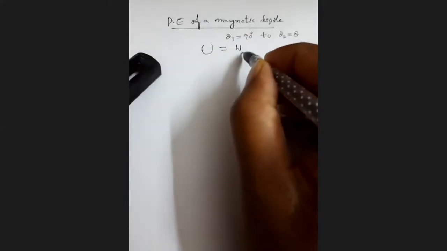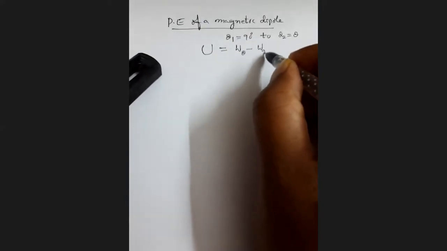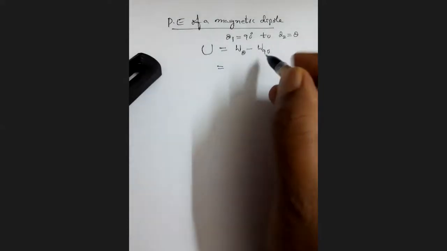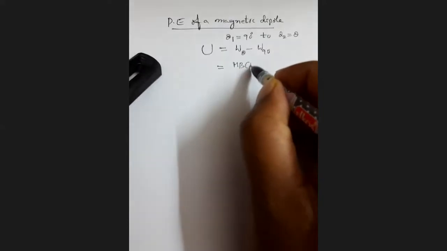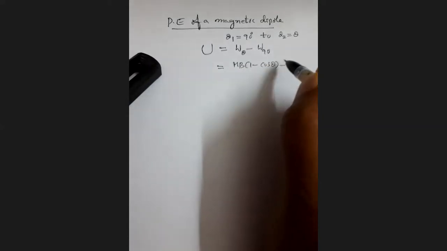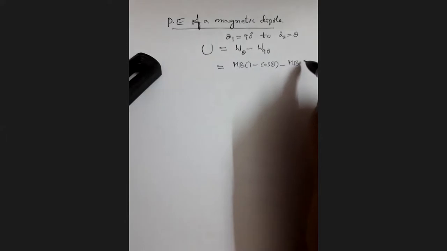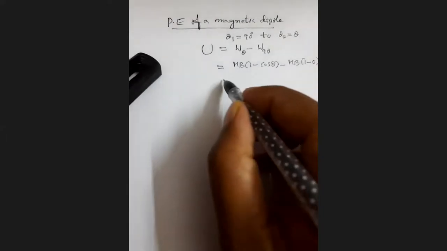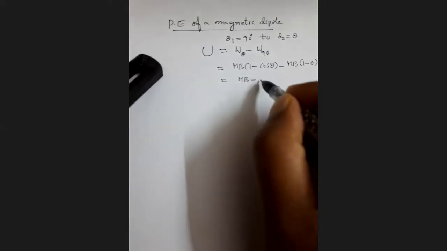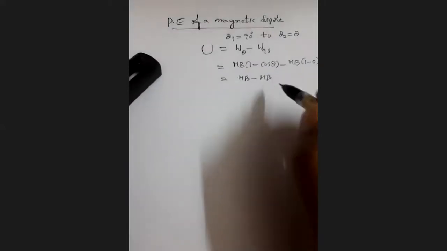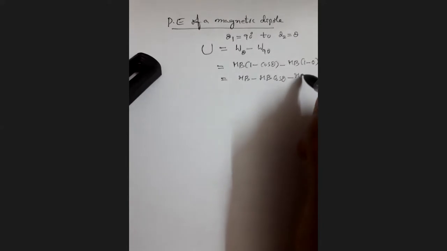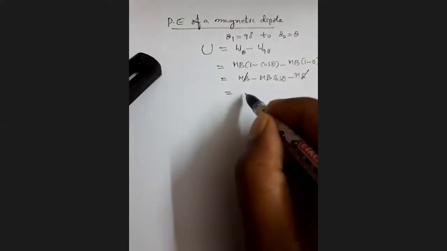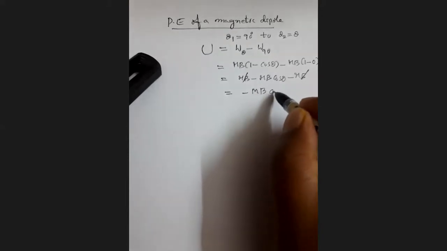Then that work done is equal to the potential energy: W theta minus W 90 equals mB into (1 minus cos theta) minus mB into (1 minus cos 90), which is 0, equals mB minus mB cos theta minus mB plus mB cancel, equals minus mB cos theta.